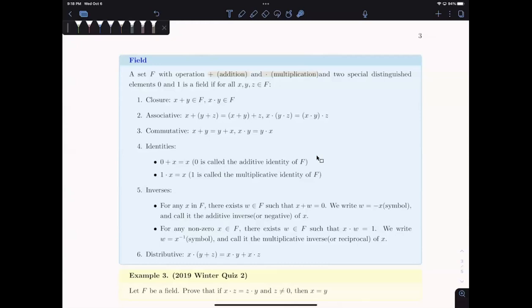You don't have something weird like to the power of 1/2 or to the power of 1/3. We do not have those operations. We only have addition and multiplication. So x plus y is in F, and x dot y is in F.